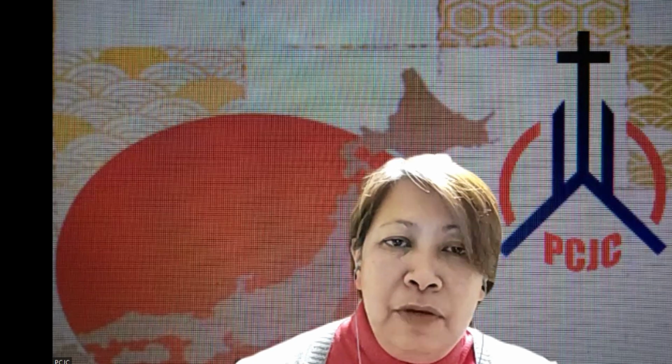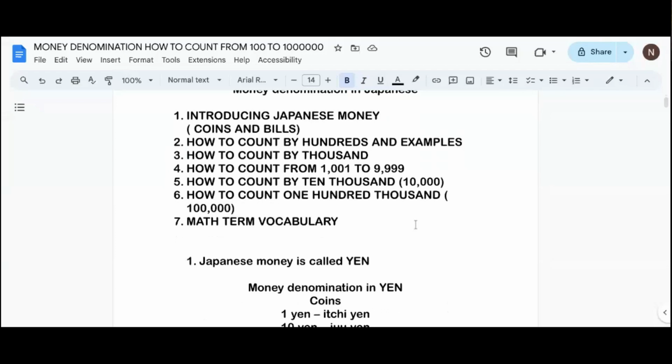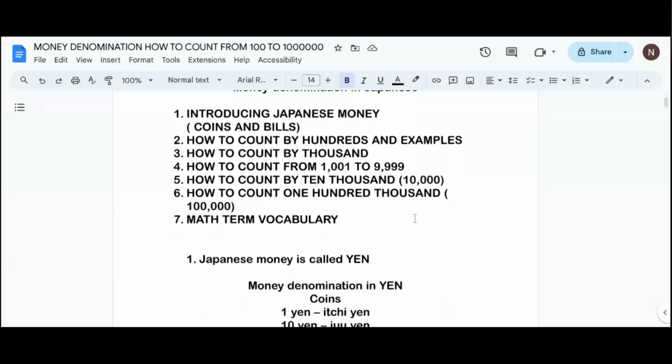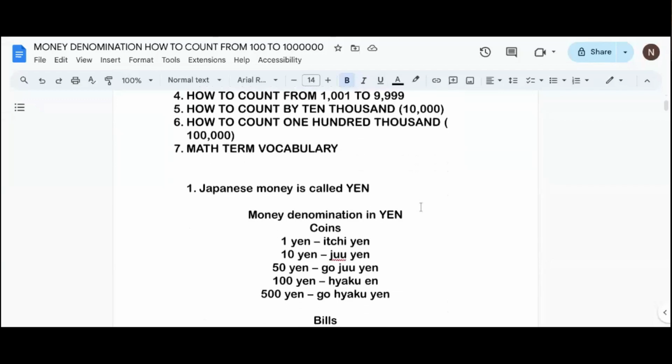So that is how to tell time. Now we go with money. Again, this is just a review. Money. Since you already know how to count 1 up to 100, the ones, the tens is ju, and then the 100 is hyaku.